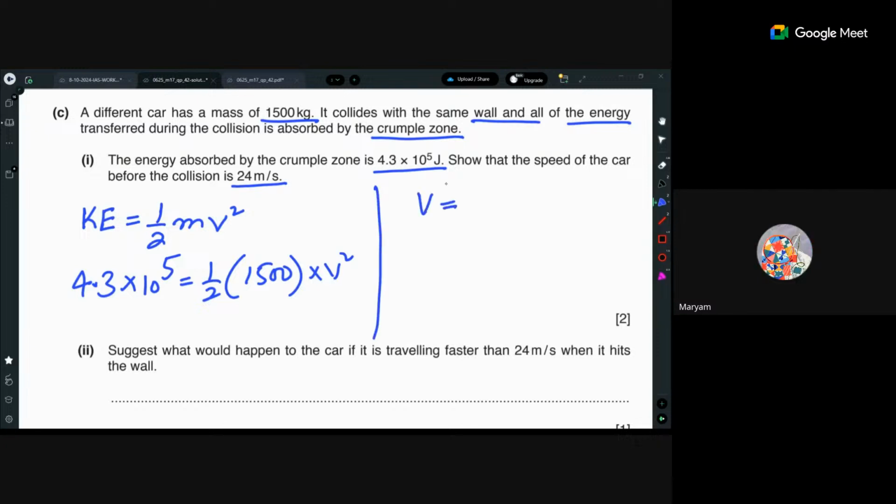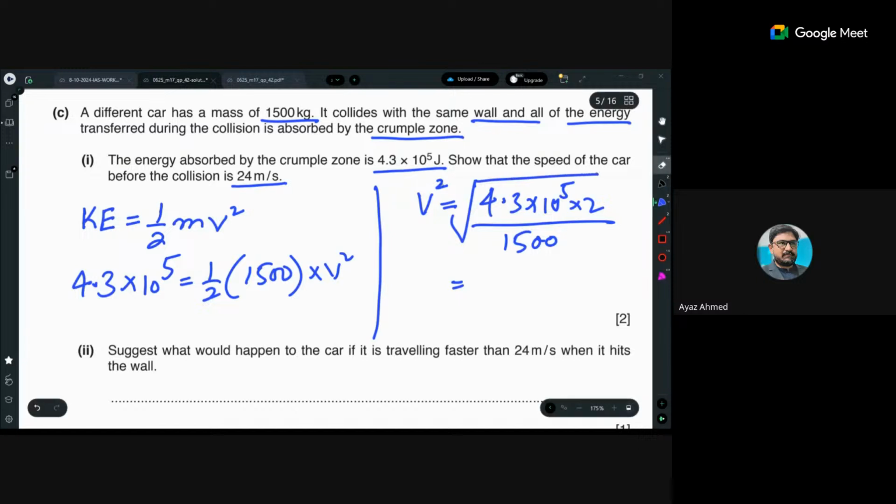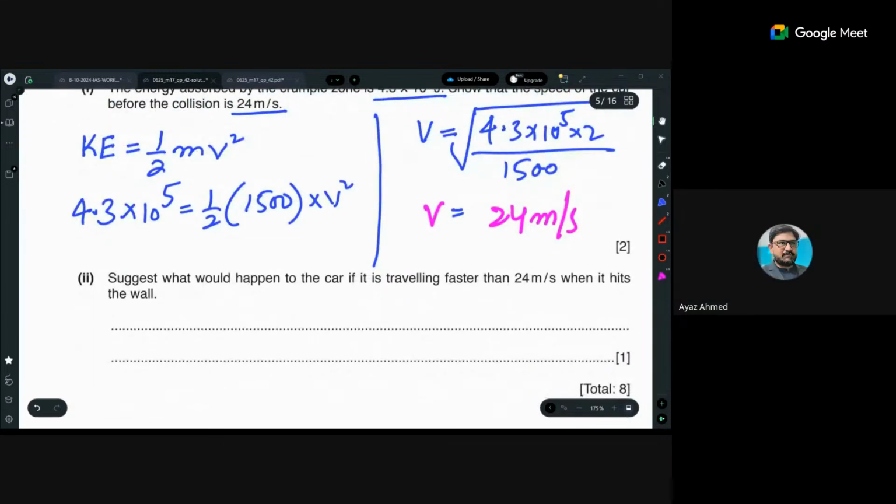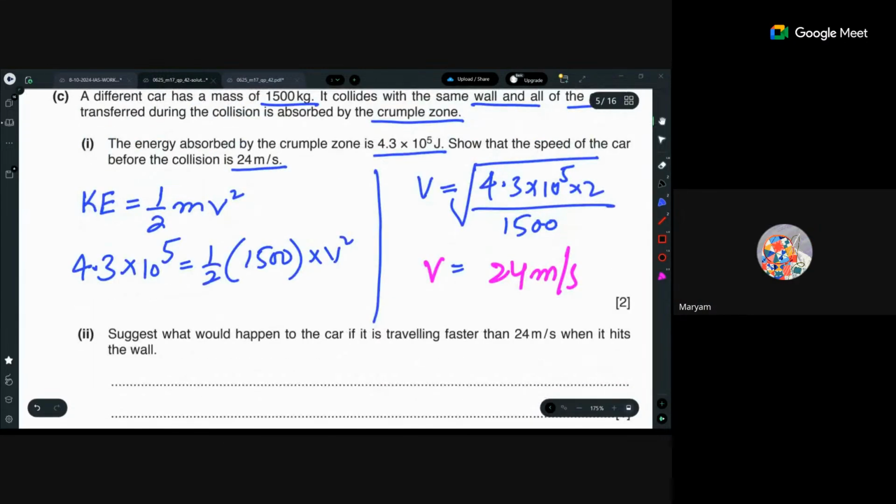So v square will be equal to 4.3 into 10 to the power 5 into 2 divided by 1500. And if you want v, just take the square root. So what is the value of v? 24 meter per second. Okay, that is clear. Yep.